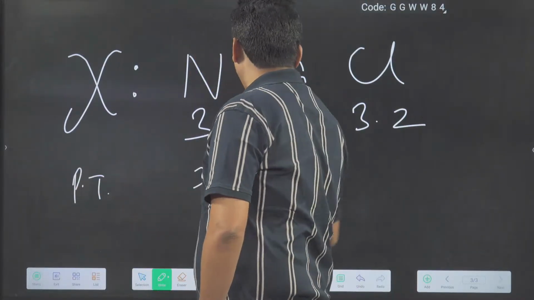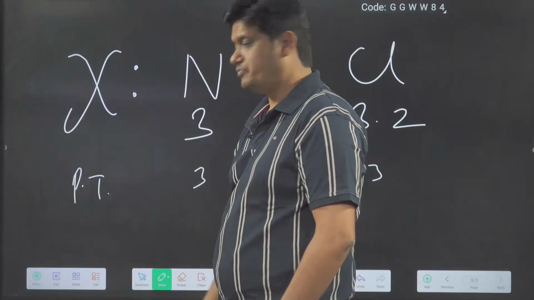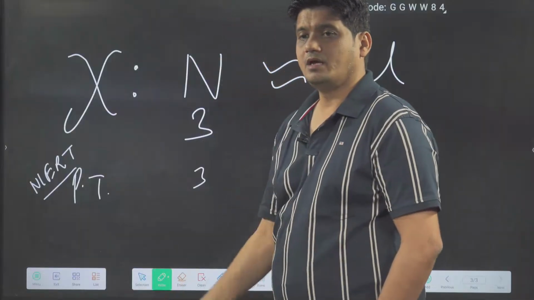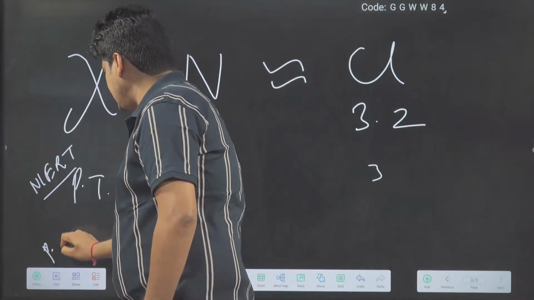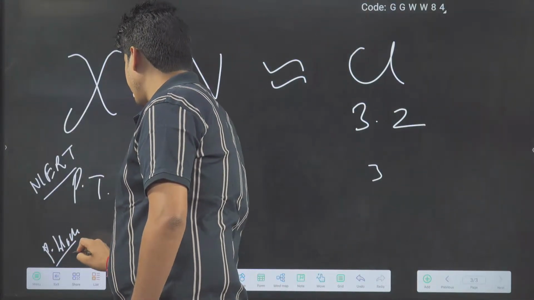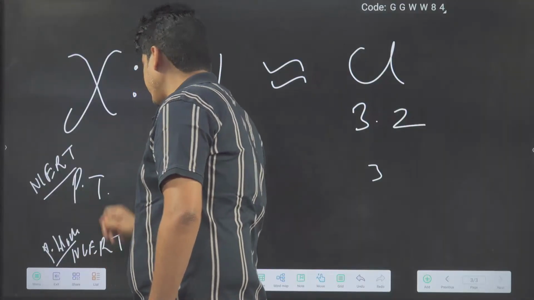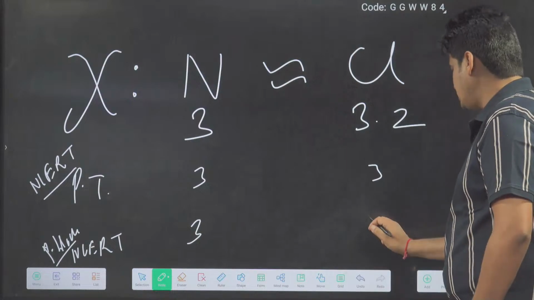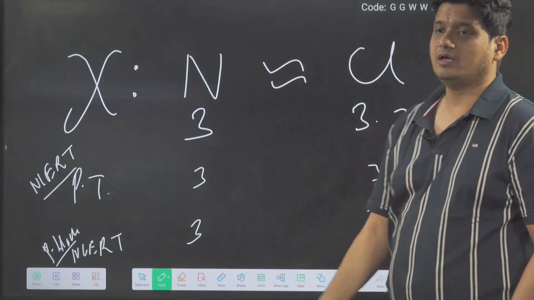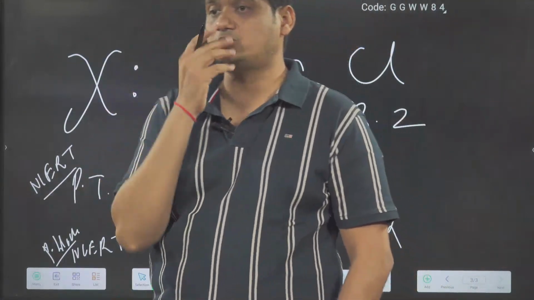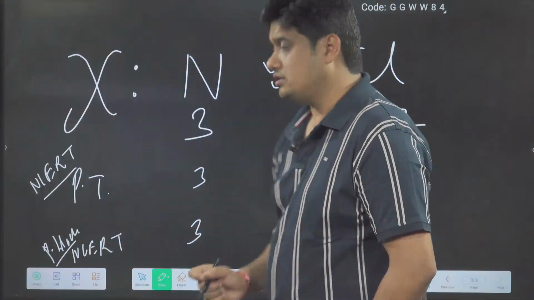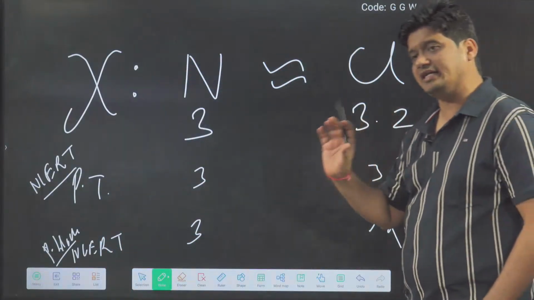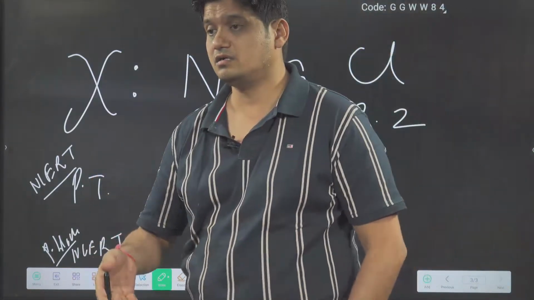And if you read your P block NCERT, here they are saying 3 for nitrogen and 3.2 for chlorine. And I will say in both cases NCERT is true. So how is it possible? In one case 3 and 3, in another case 3 and 3.2, and I am saying in both cases NCERT is correct.